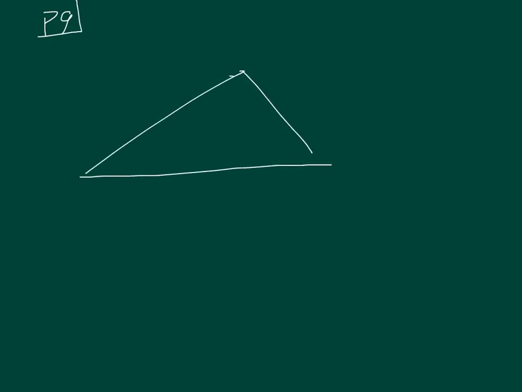Number 9, give each value for the right triangle shown. So problem 9, we have a right triangle with sides 3, 4, 5 centimeters. And what's the height for this triangle? Again, height doesn't have to be straight up like this.